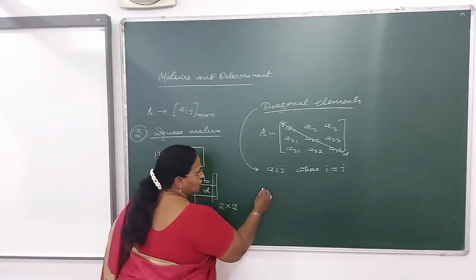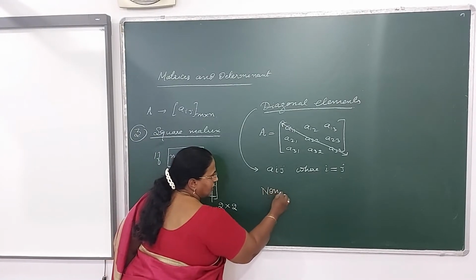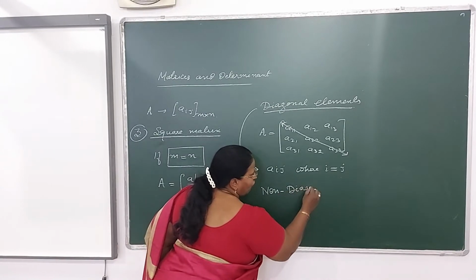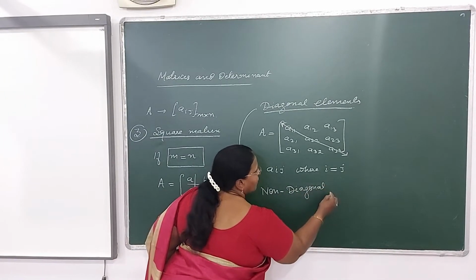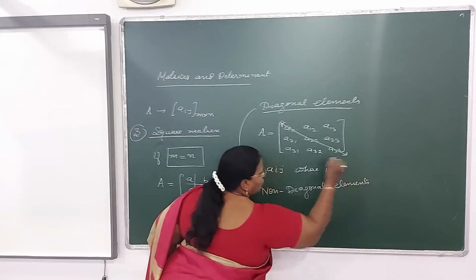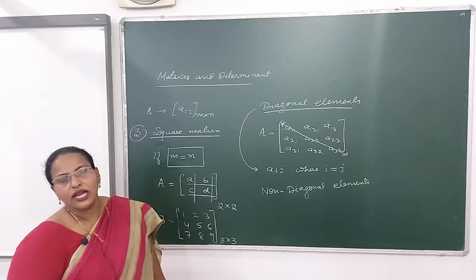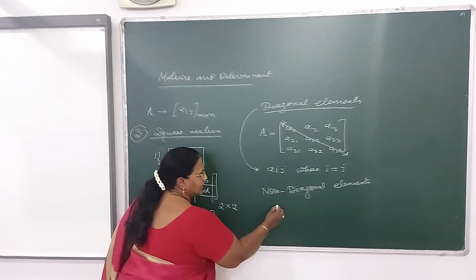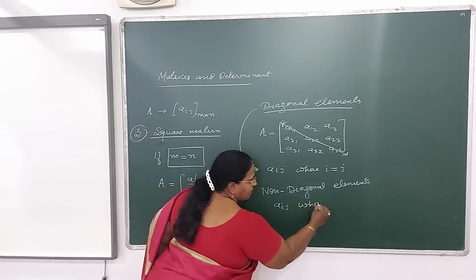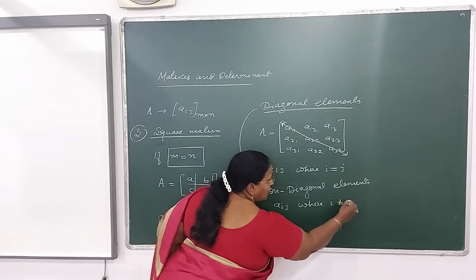Now moving on, non-diagonal elements. It's quite obvious that the elements which are not diagonal are non-diagonal elements, but see how to define it. Non-diagonal elements means the elements aij where i is not equal to j.